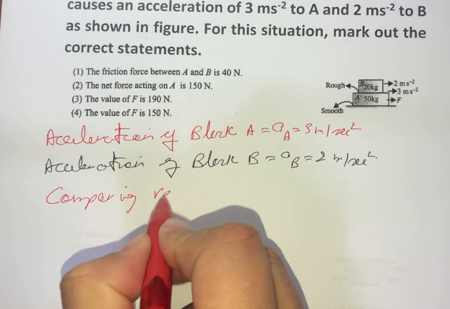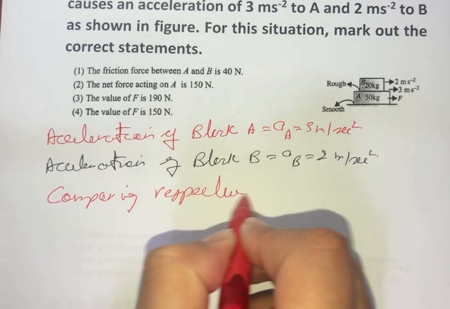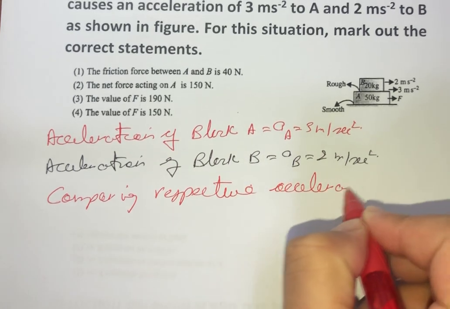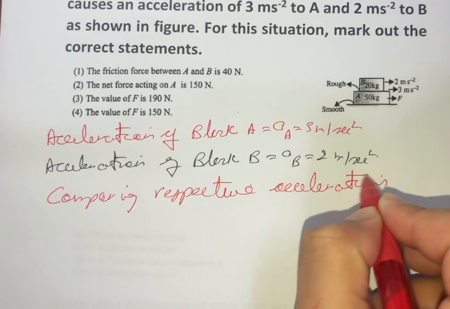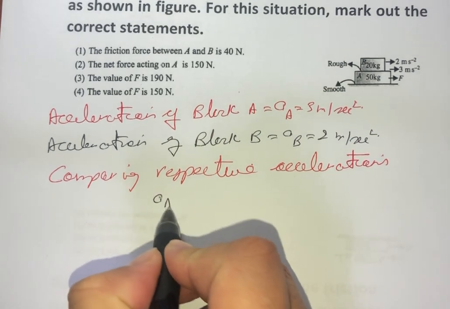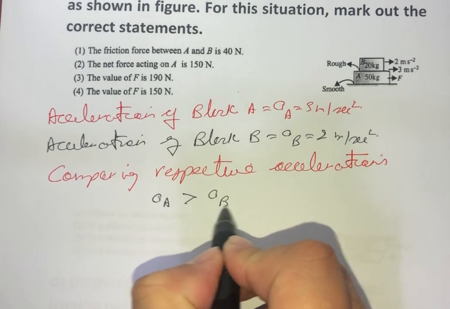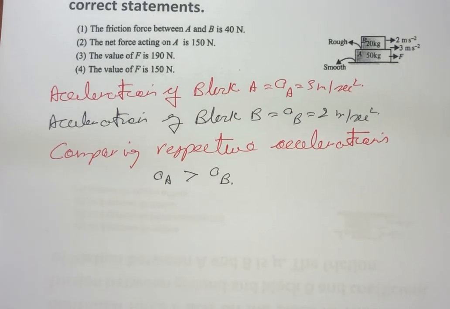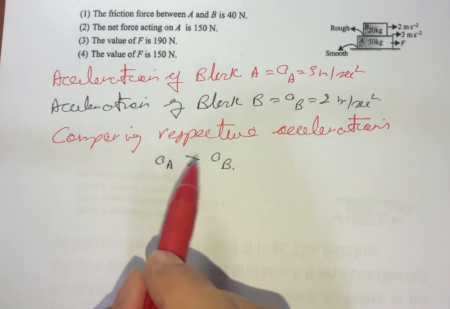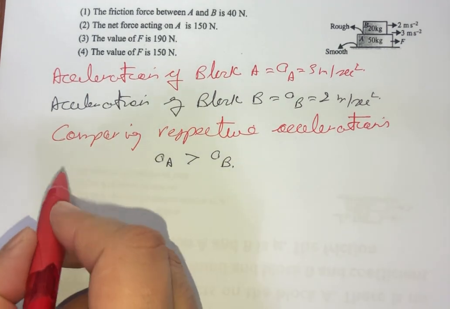Comparing respective accelerations, acceleration of A is greater than acceleration of B. So because of this, there will be a relative motion between A and B. Okay.